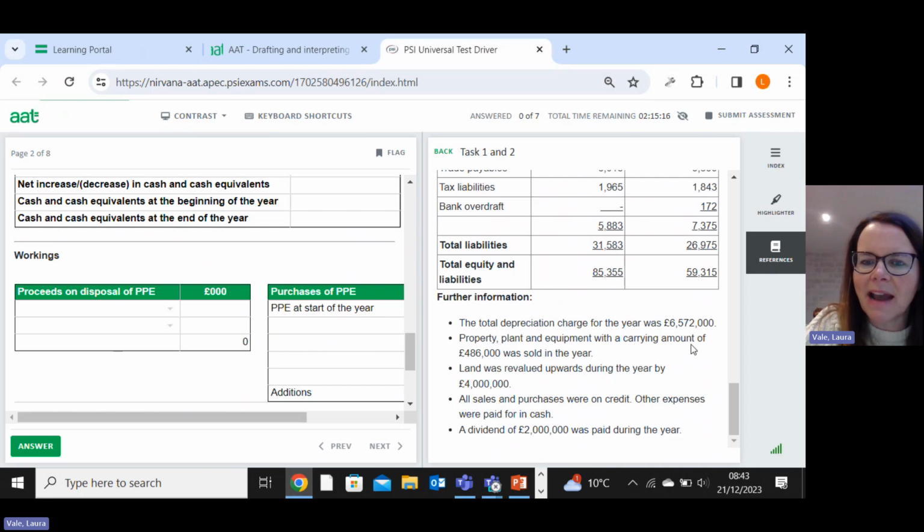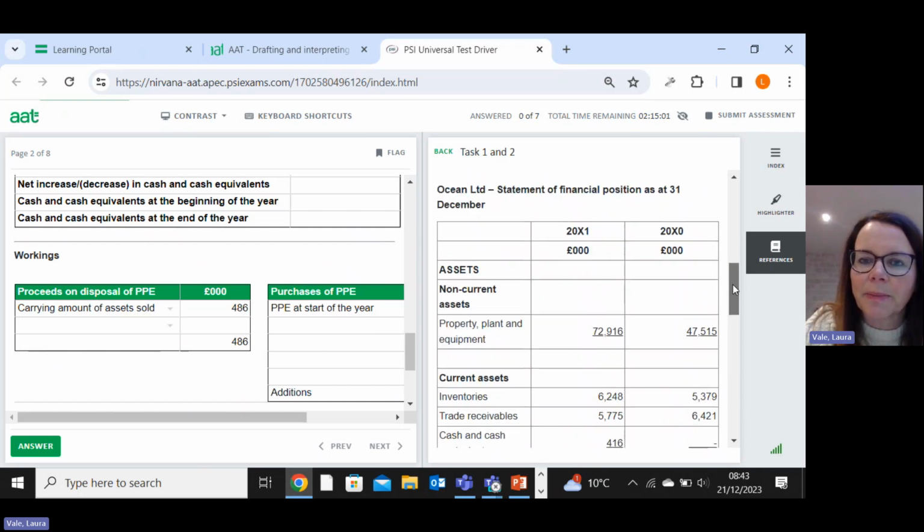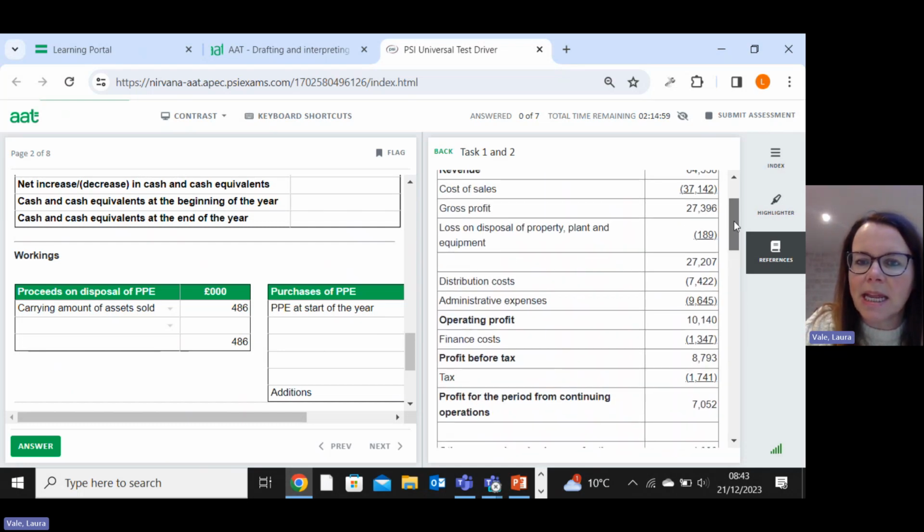property, plant, equipment with a carrying amount of 486 was sold during the year. Sometimes they tell you the cost and the accumulated, but here they've just told us the actual figure that we need. And the other thing that we know is that we had a loss of 189. So if we had a loss of 189, we must physically have got less money than they were showing us to be worth in the accounts.